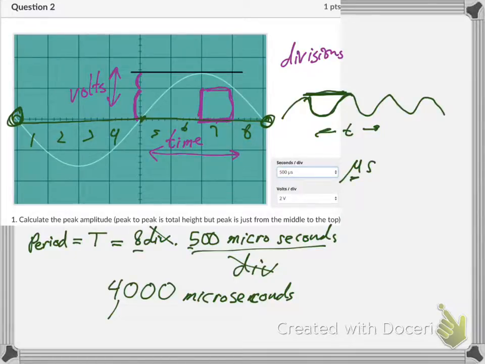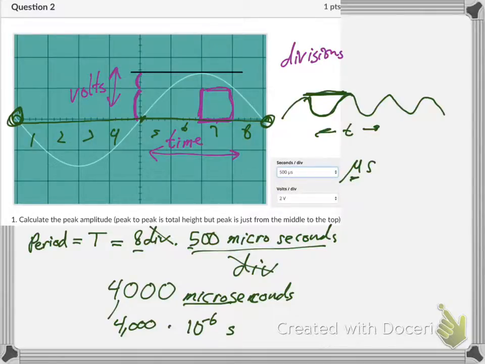4,000 microseconds is actually the same thing as something else. Micro stands for 10 to the negative 6, or 1 millionth. So that's 4,000 times 10 to the negative 6 seconds. Well, that will help, and let me show you where.